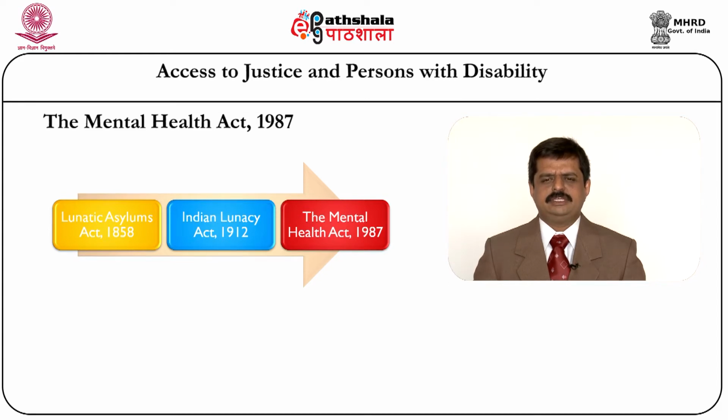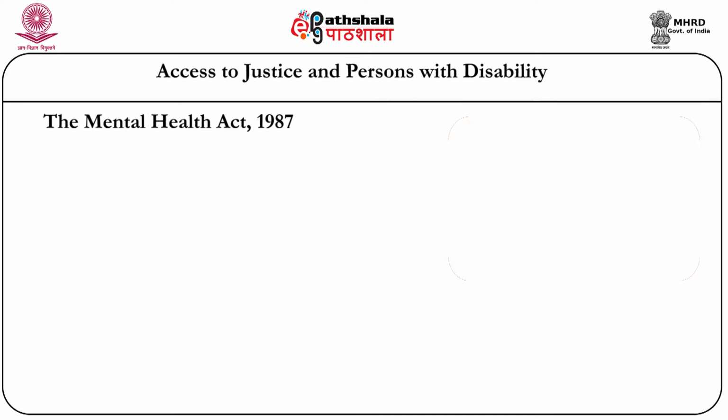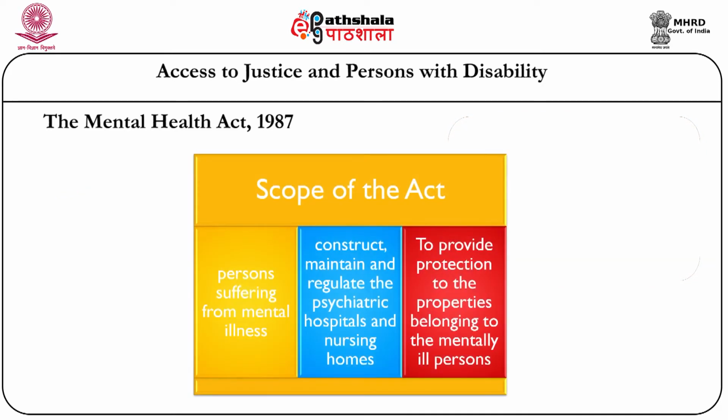Then there was the Indian Lunacy Act in 1912. Then came the present legislation, the Mental Health Act 1987. This act provides for specific objects. The first, the restriction: the Mental Health Act is restricted only to persons with mental illness.